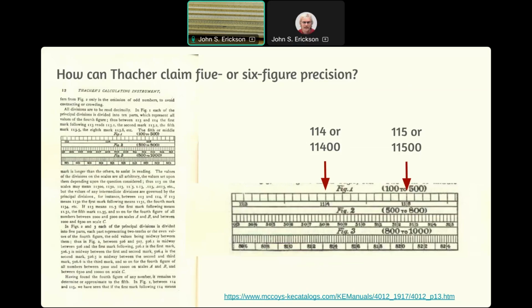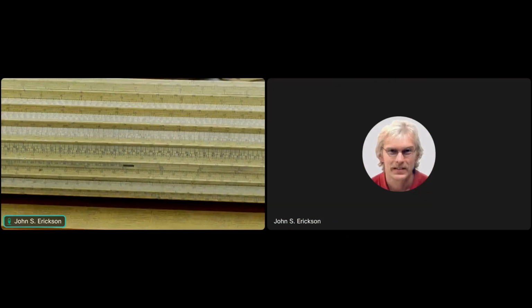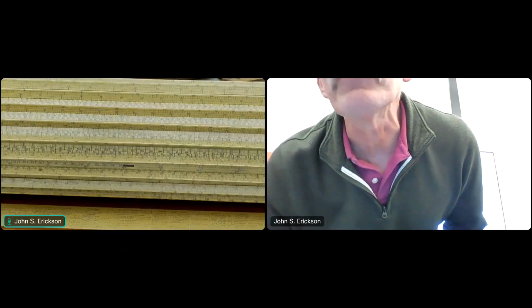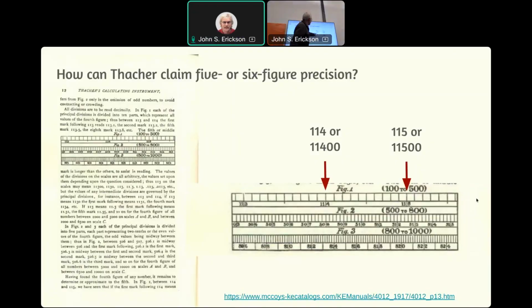So here's 114. Here's 115. Or it's 11,040. I hope my profanities don't go out over the web. It could be 11,400, 11,500.